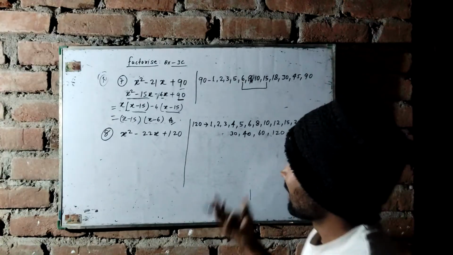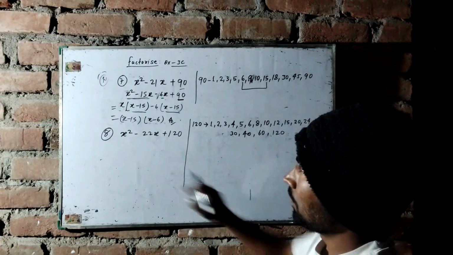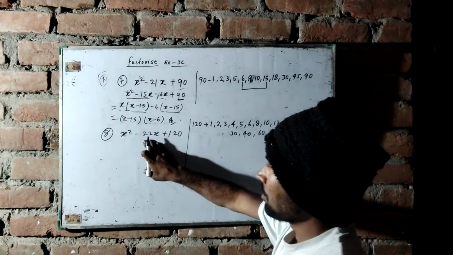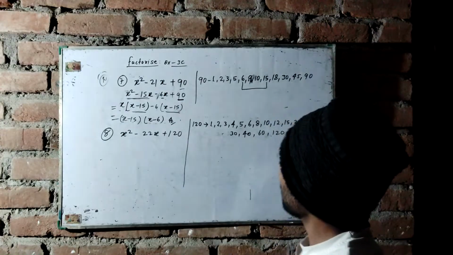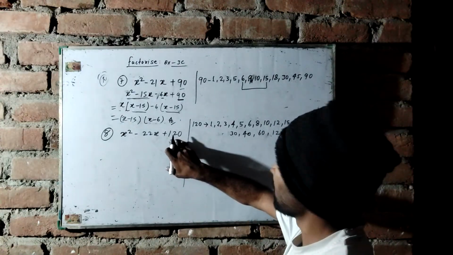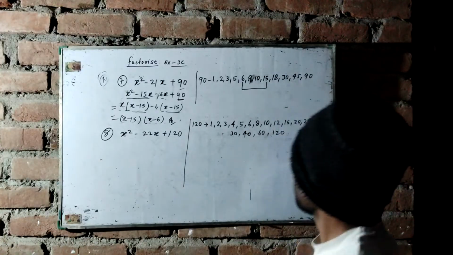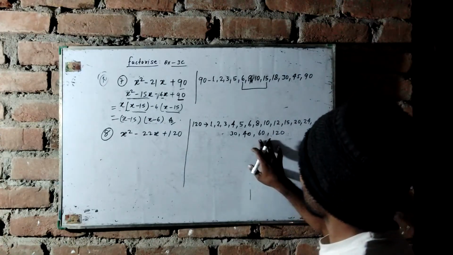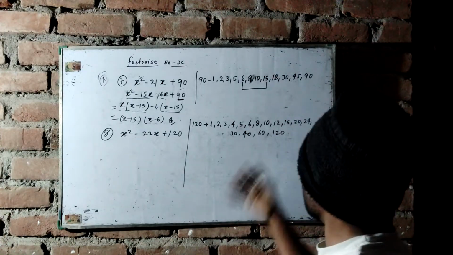Now we have to choose two numbers whose sum will be 22 and their product will be plus 120. So have a look.